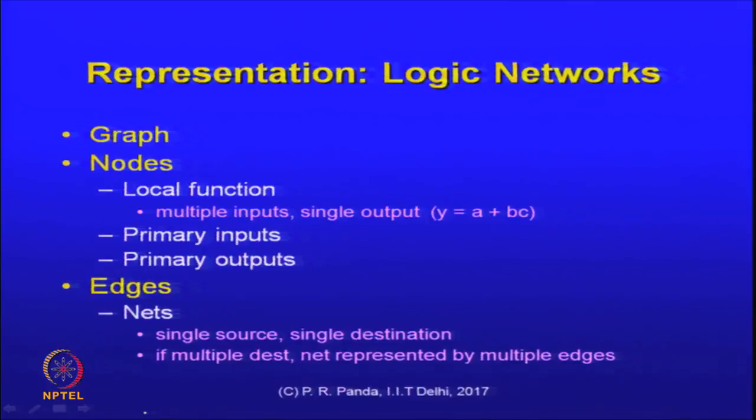What do the nodes represent? They could represent some local functions where there could be multiple inputs and a single output usually. So, it could be a function like this.